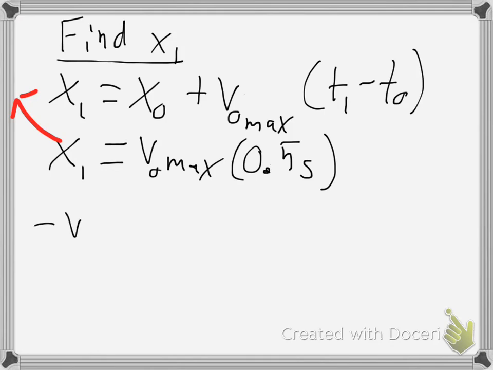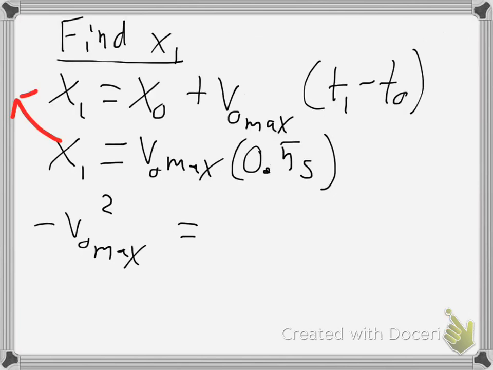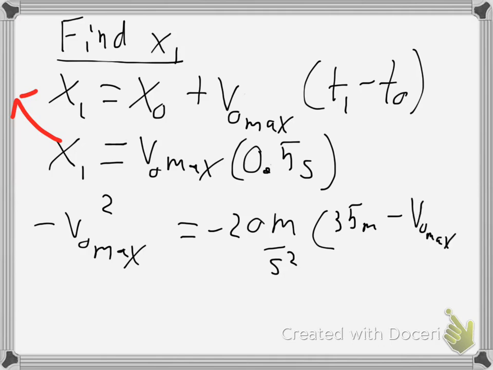Minus v0 max squared is equal to minus 20 meters per second squared, and then 35 meters minus v0 max, and then that's where the 0.5 seconds goes. Sorry about that.